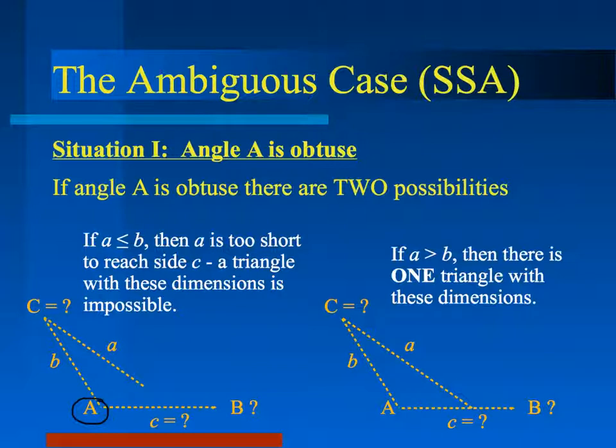This is violating the triangle inequality theorem. But what happens is that a triangle doesn't form, so there is no possible triangle. If we have an obtuse angle and a is big enough, then we get exactly one triangle.